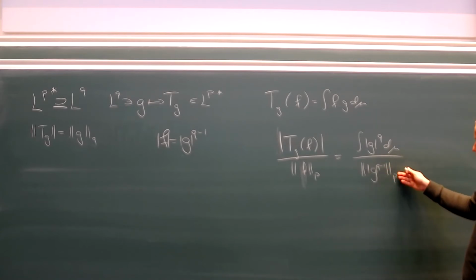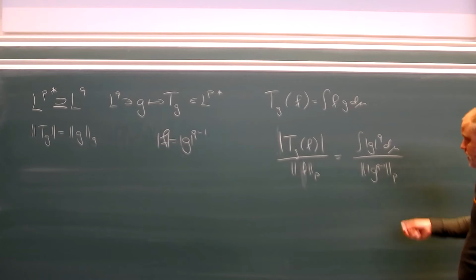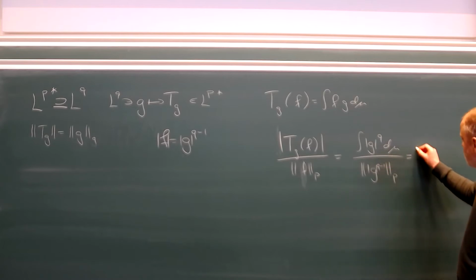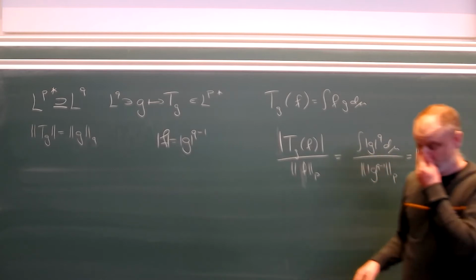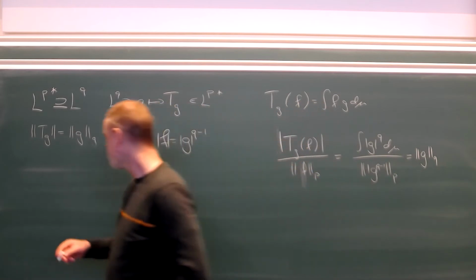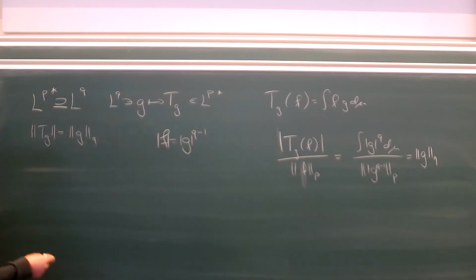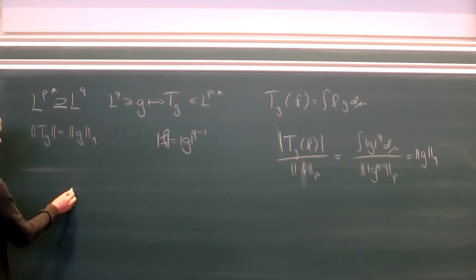But it turns out that this can also be computed in terms of the q norm, because there are these magic identities for the p's and the q's. So at the end of the day, up here you get the q norm to the power of q, and then dividing by this, you actually get rid of that power. Very clever. So we can see this as two sets, right?